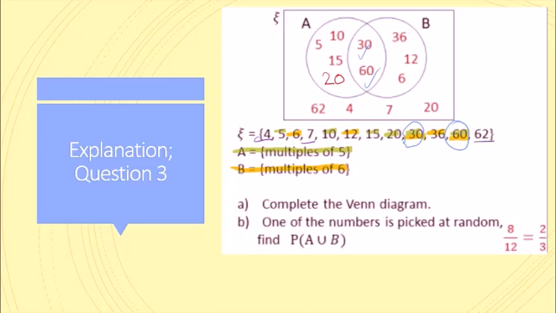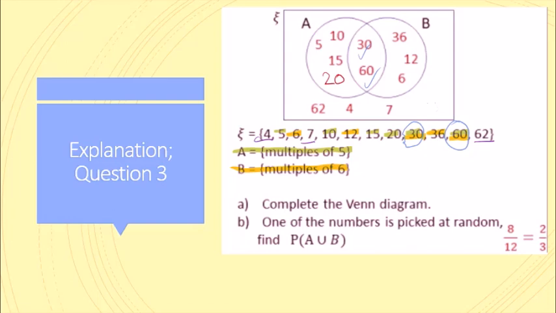Again, just a little error there, so I'm going to cross off that 20. That 20 should have been in category A. So 4, 7 and 62 are the numbers that are not multiples of 5 and not multiples of 6.